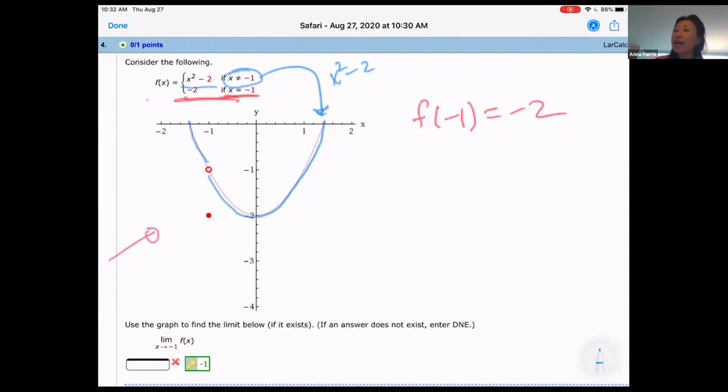They said x equals -1, what's your y value? That's your -2. Okay, so now look at the limit.